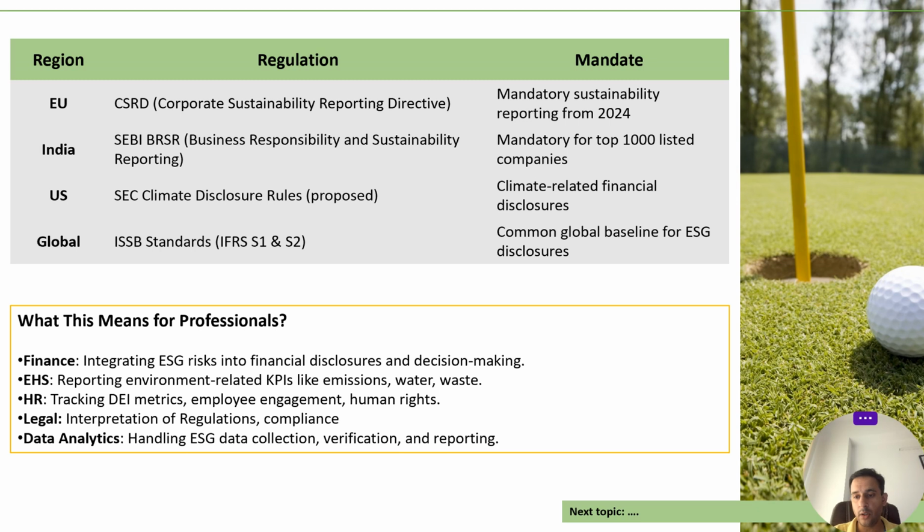Then we have global ISSB standards, IFRS S1 and S2, which we are hoping that in years to come, say from 3 to 4, 5 years from now, many jurisdictions will be calling their companies to report on these standards, just like IFRS financial disclosure rules, right? So we will learn more about all this in the later part of the course.